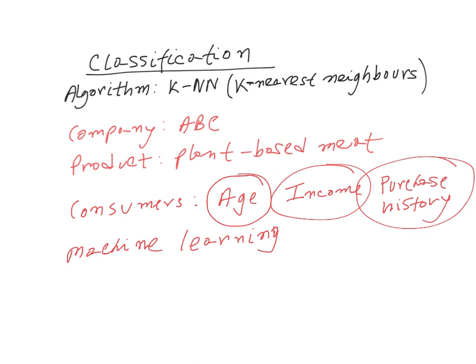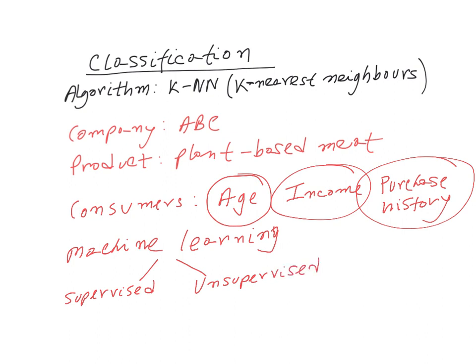Remember, machine learning has two parts, generally speaking. One is supervised machine learning or model. The other one is unsupervised model.